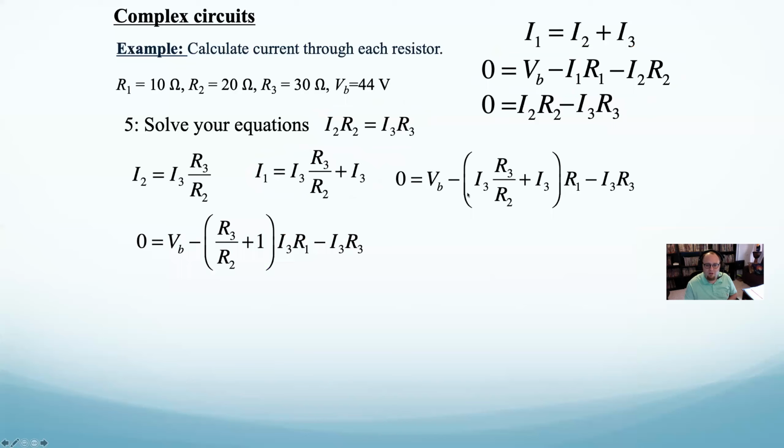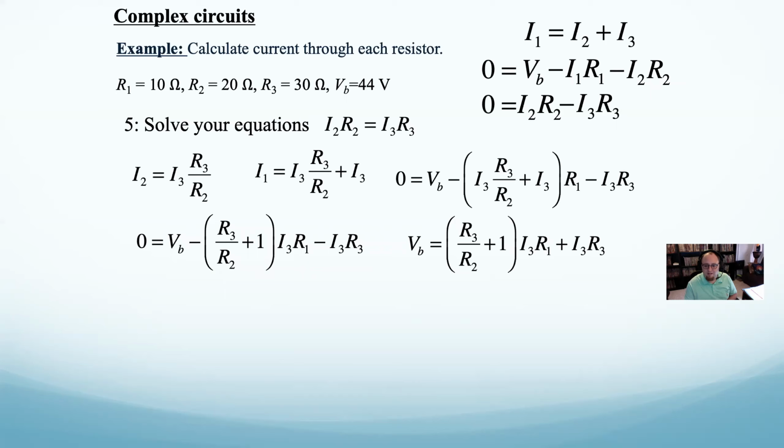So I will factor out an I3 from inside my parentheses. If I factor out that I3, I took all the negative stuff and added it to the other side. So I had 2 negative terms. I just added them to both sides.